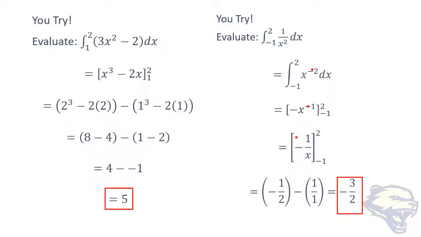It may look a little different when we plug those things in. If I plug a 2 into that, I get a -1/2. If I plug in a -1 to -1 over -1, those two negatives cancel out. However, I still have the minus in between them both. So -1/2 minus 1 simplifies to -3/2.